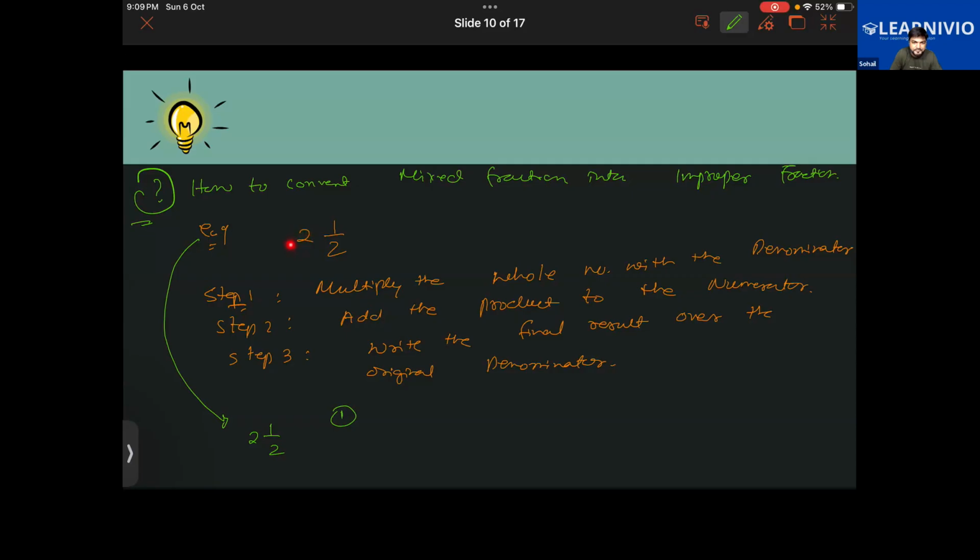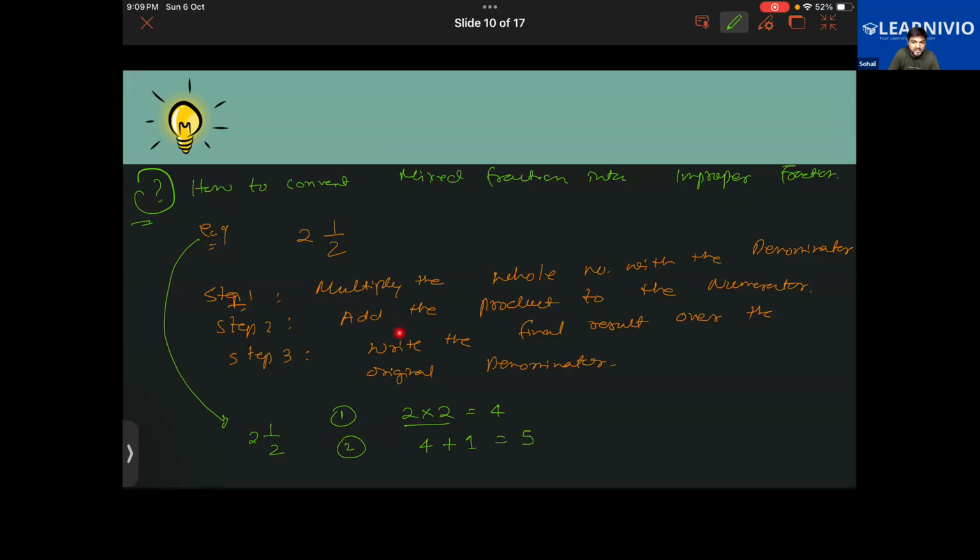This 2. And the denominator is the 2 down here. So 2 into 2 is 4. Then add the product to the numerator. The product is 4, and the numerator is 1. 4 plus 1 is 5.